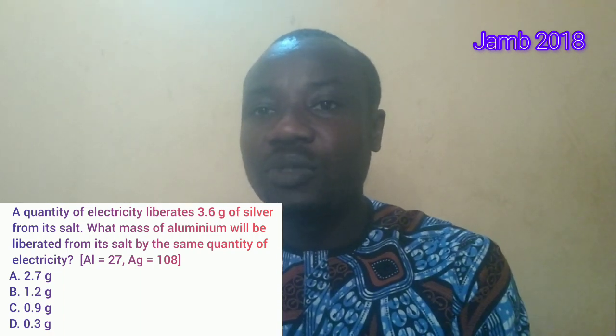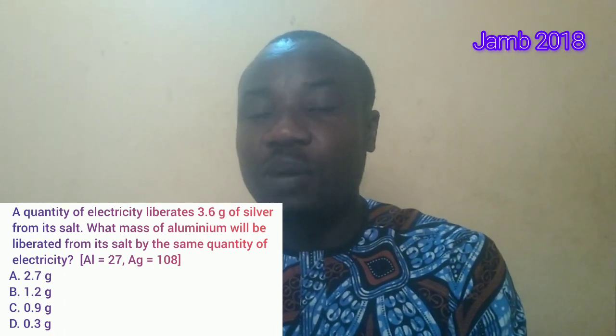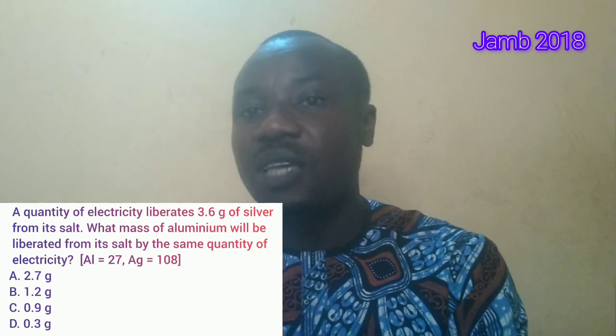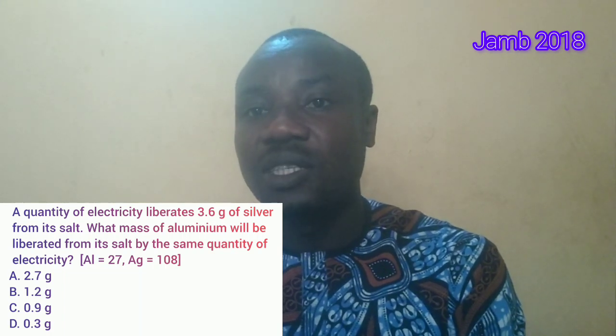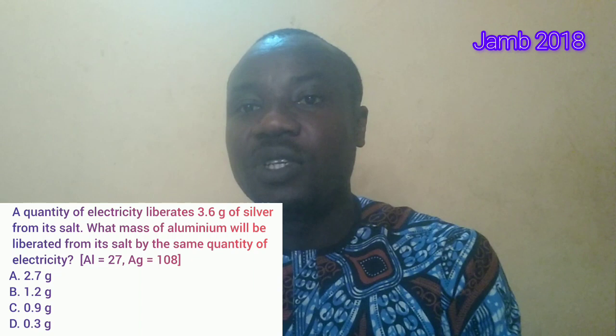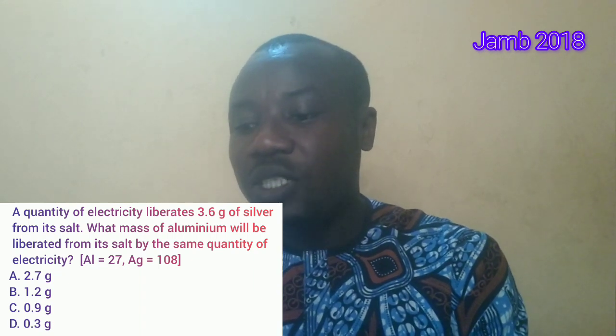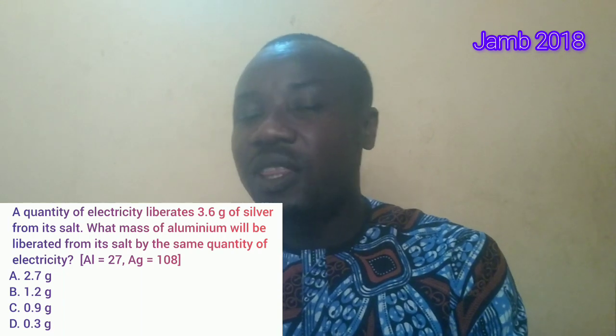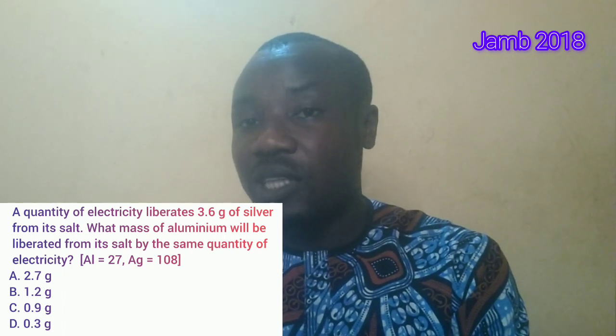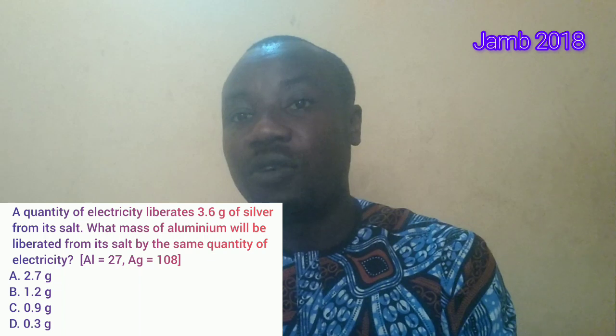So that means 108 grams of silver will give you 1 Faraday. That is, 108 will give you what? 1 Faraday. Now, they are giving us 3.6 grams, and 1 Faraday is 96,500. So 108 will give us 96,500.